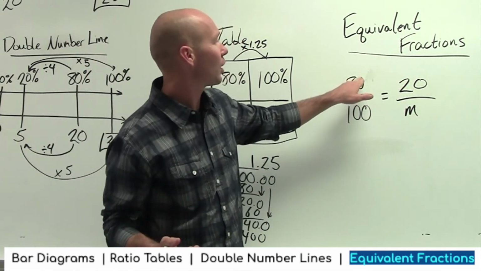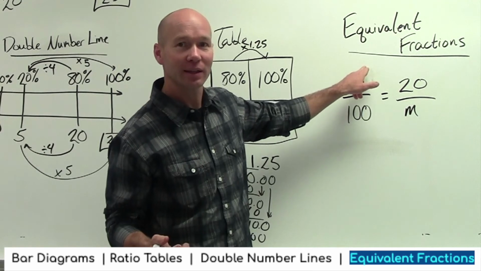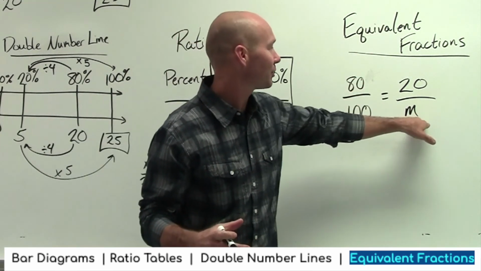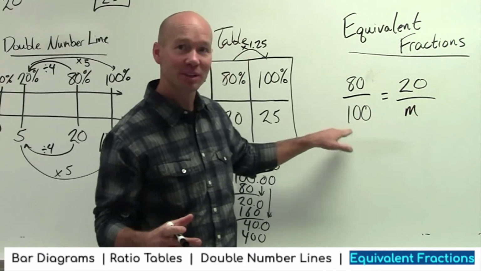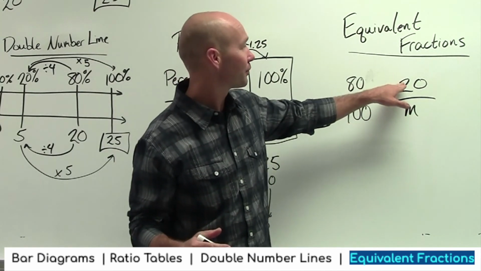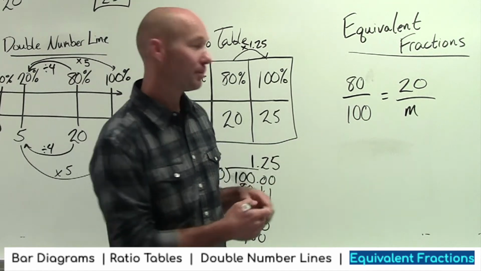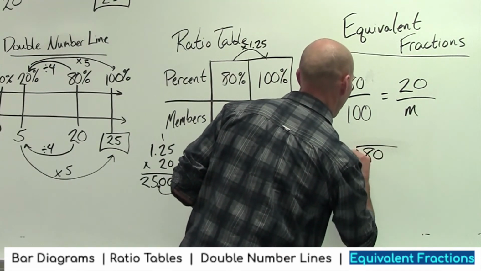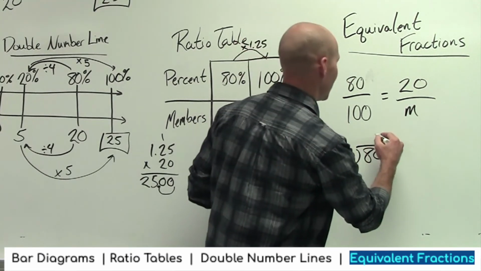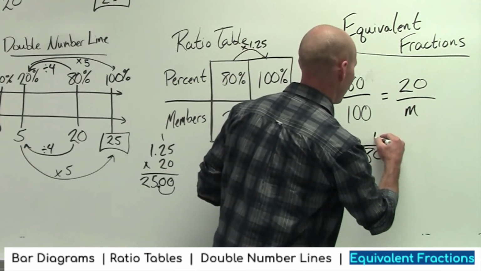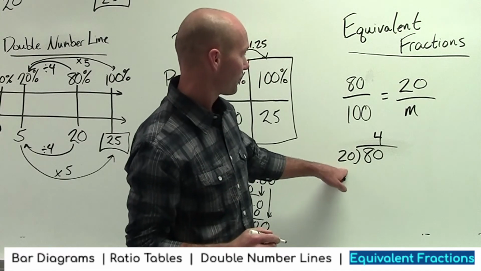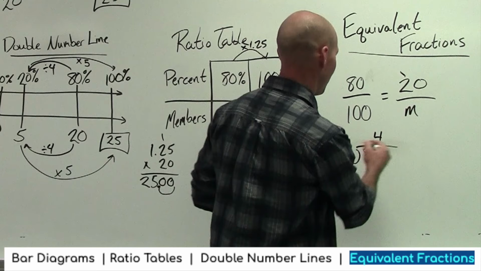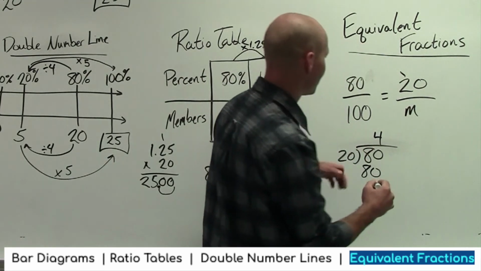20 times what equals 80? 20 times something equals 80. And that same thing times m equals 100. So I can divide 80 by 20, and I get 4, right? 4 times 20 is 80.